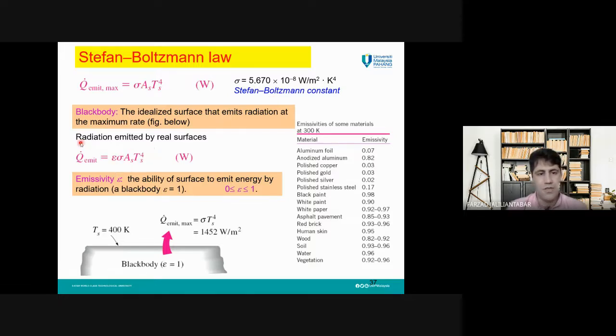Okay, so this is radiation emitted by real surfaces, and for real surfaces we have different emissivity. But in some special cases or idealized cases, which we will also use in some examples, we can assume that we have a black body. For a black body, epsilon, or emissivity, is equal to 1.